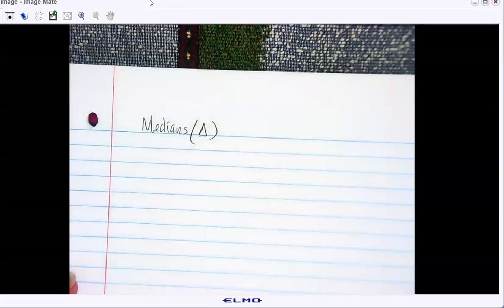Okay. Let's talk about medians. And this is for your triangle. You're going to see two different types of problems, just like you did on the homework. If you'll go back and look at assignment numbers 22, 23, and 24.